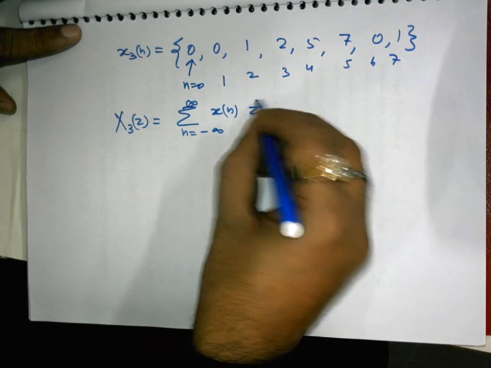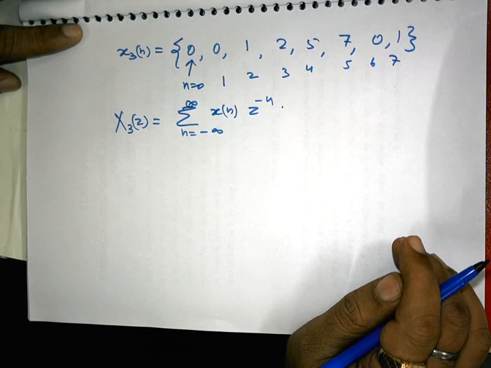infinity of x[n] z to the power -n. This is the defining relationship of your Z transform.